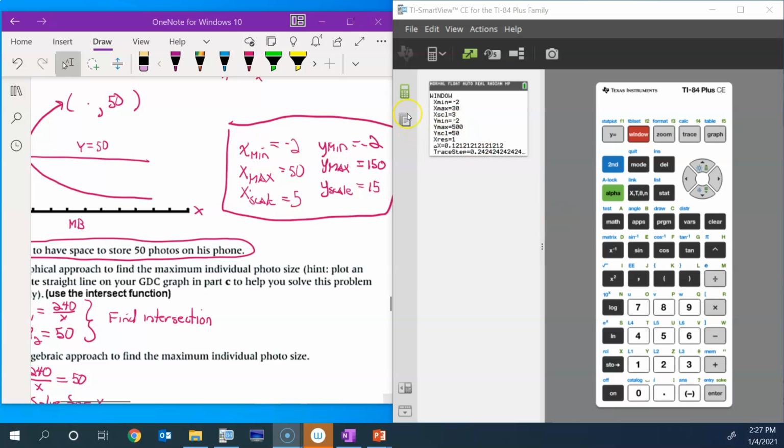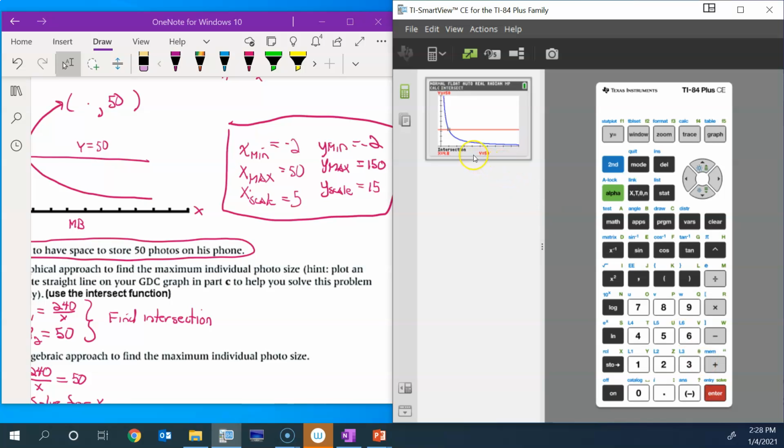Okay, so I'm going to set my window to these dimensions. There's our graph. And now I want to find the intersection. First curve, enter. Second curve, enter. And then there's my intersection, 4.8, 50.